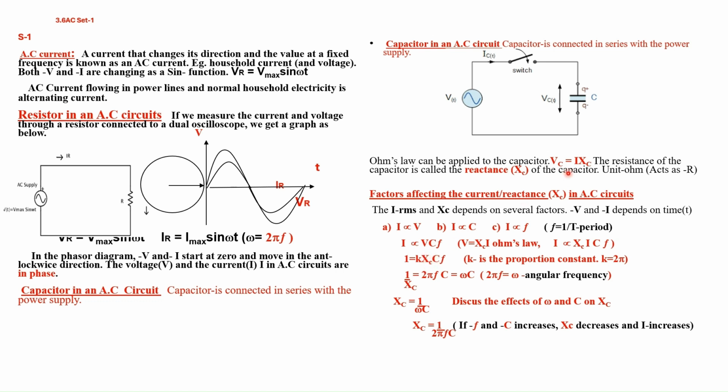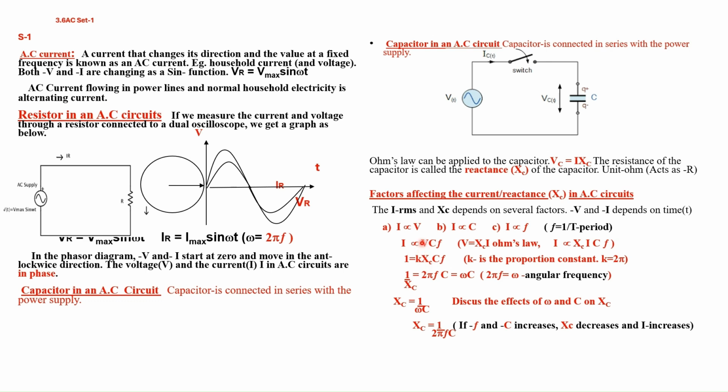Okay, V equals I XC. As soon as you put V equals I XC, there is current on this side also, I on this side, so they cancel out. Therefore 1 equals, we have XC here, C here, F here.